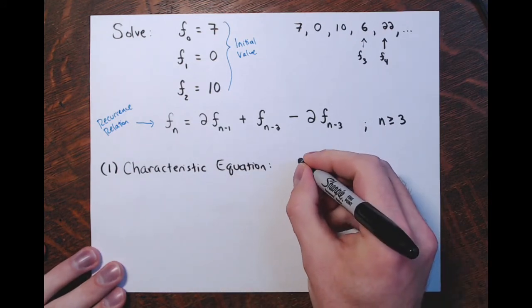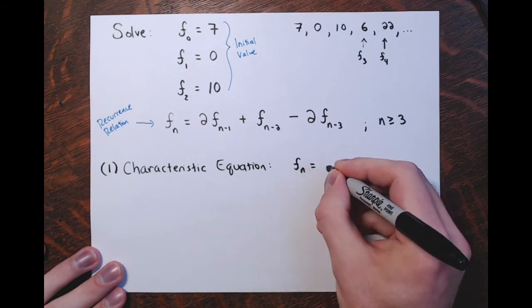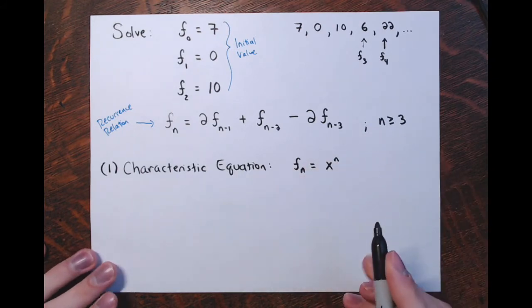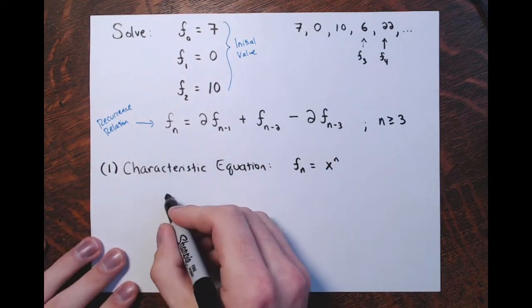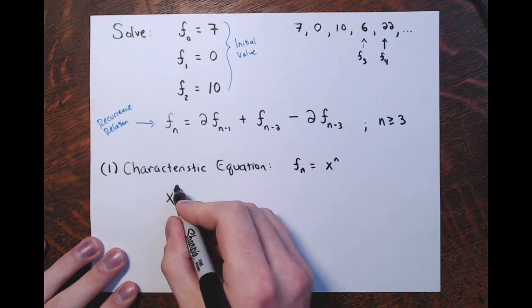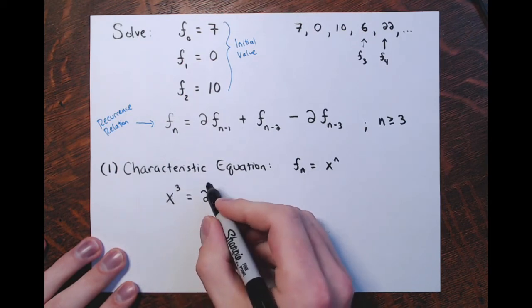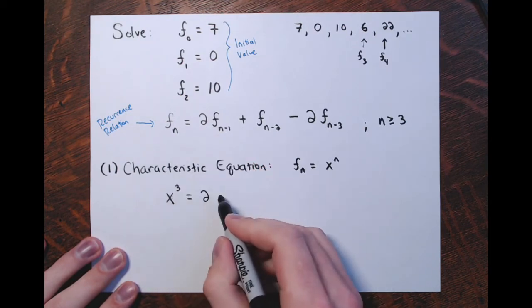So remember, I replace f sub n with x to the nth. And if I did that, remember this is a degree 3, I'm going back 3 terms. This would end up being the x cubed term equals, and then n minus 1, so 1 degree less.